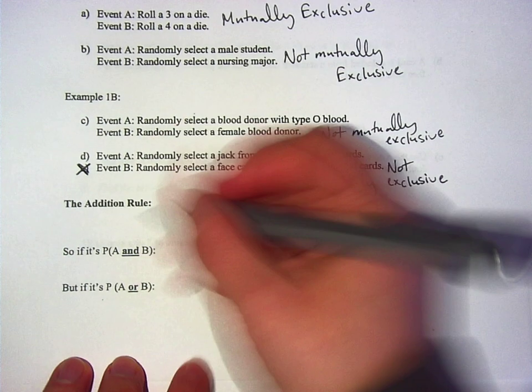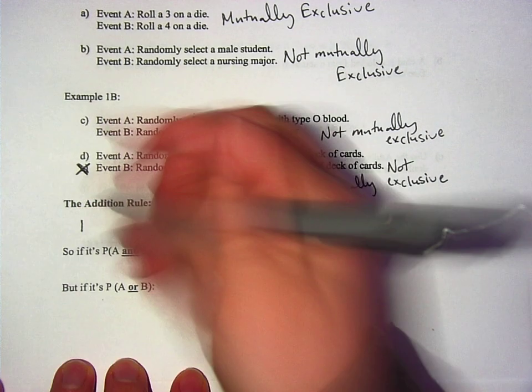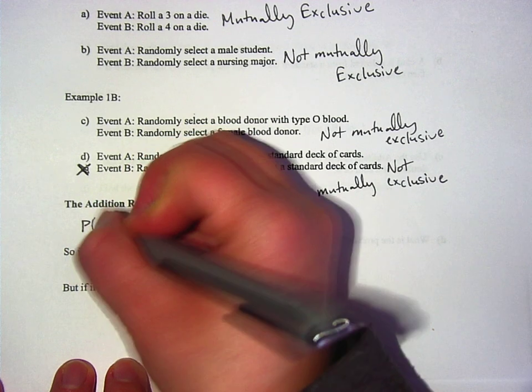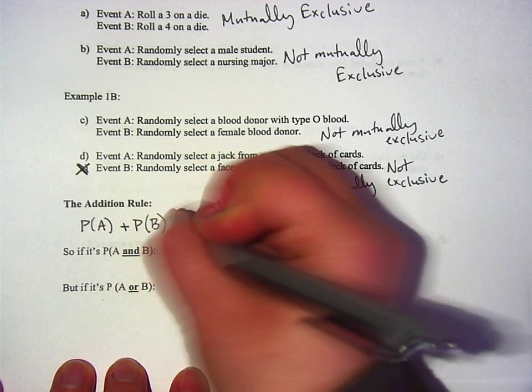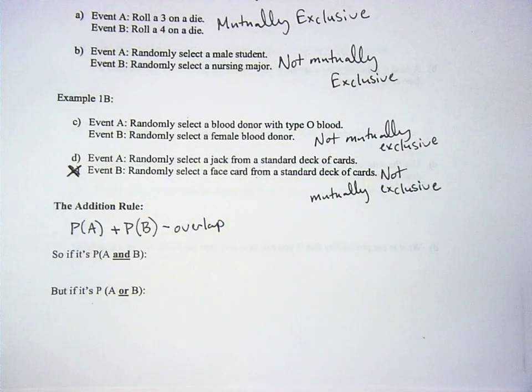The addition rule. The addition rule says that if it's an or question, you take the probability of A, you add it to the probability of B, and you subtract the overlap. And I'll explain that in a minute, but for right now, write it.